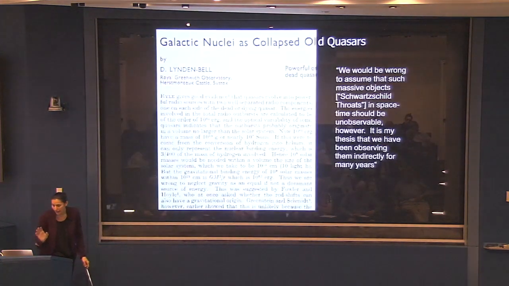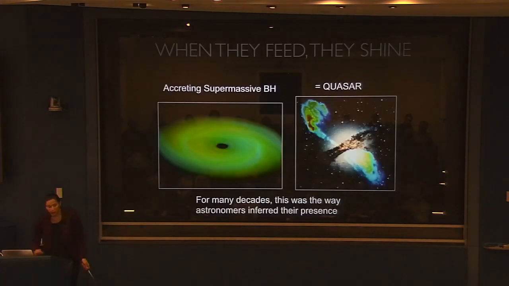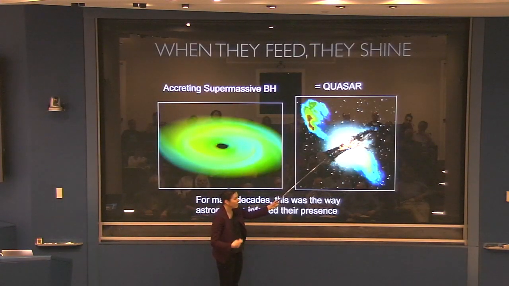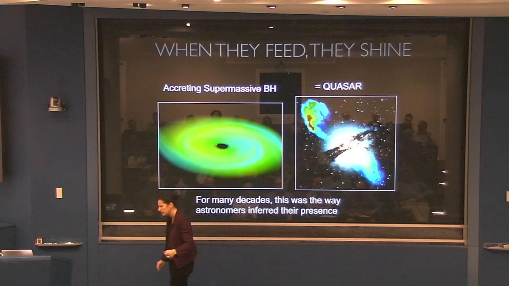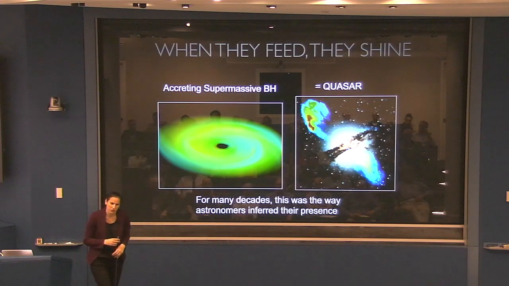And that came from Don Lynden-Bell, who made the connection between the Schwarzschild solution and the quasars, because what people observed was that these quasars had very, very high radio and optical luminosities, and they were puzzled how you could actually get the energetics of that to work out.